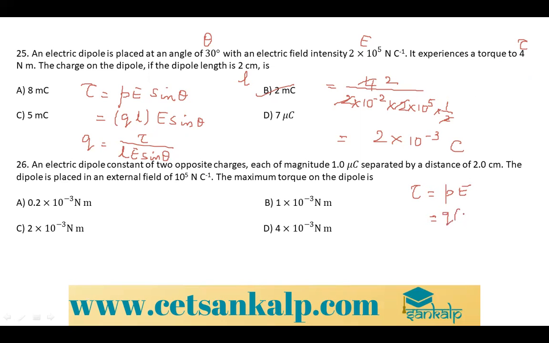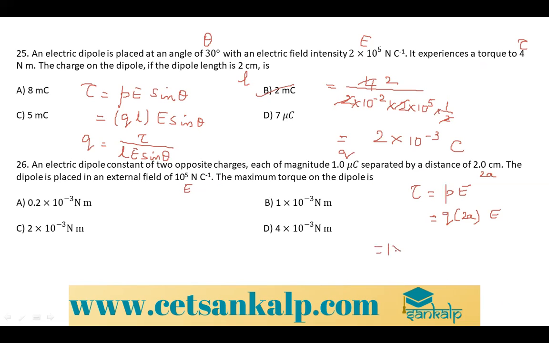So what is your P? It is Q into 2A into E. They've given Q and E, and 2A is the overall distance, the electric dipole length. The external field is nothing but E. We can simplify.